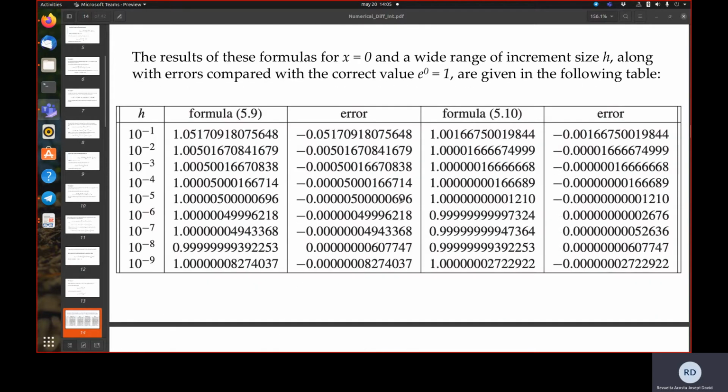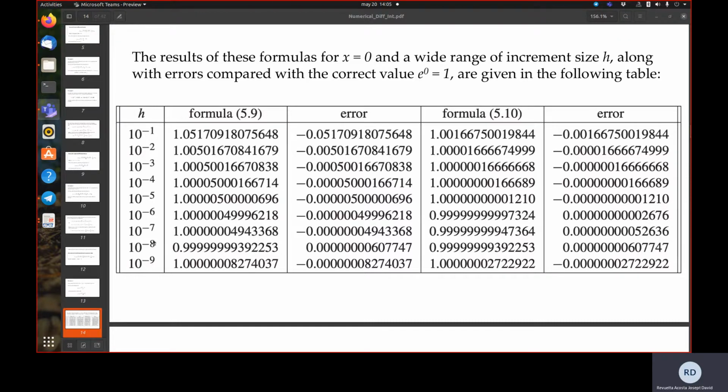Then we did one example in Excel, and this is what we obtained at the end using different values of h. At that point, we said that sometimes decreasing h is not as efficient as we are expecting.